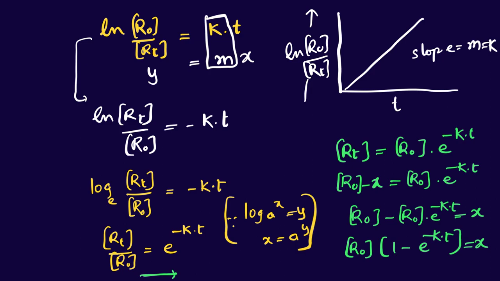Then degree of dissociation can be represented, as I already gave in zero order, as the amount decomposed x by the initial amount R naught.